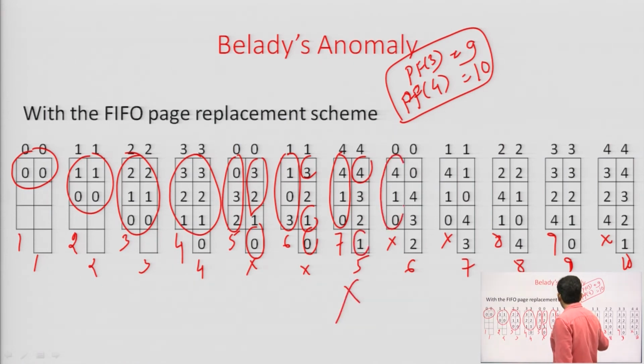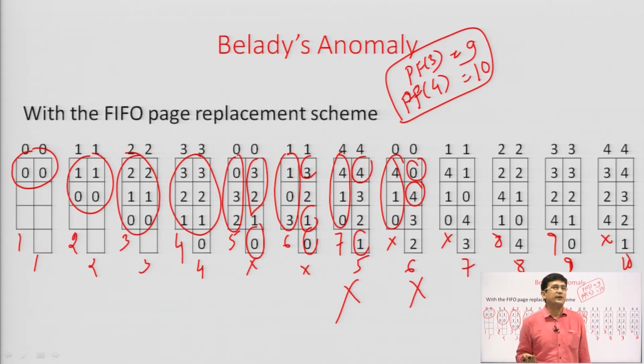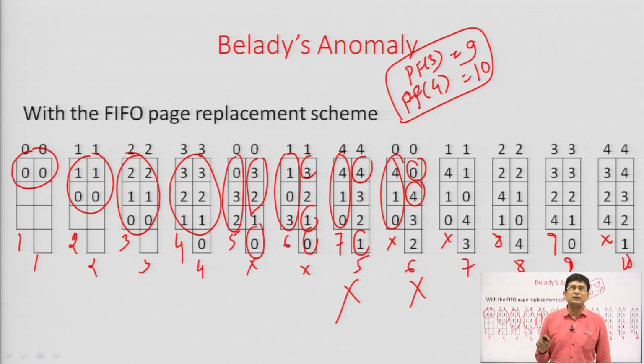Similarly 4, 1, 0 with 4 frames: 4 is present and 0 is present, but 1 is not present. So here you can see that there are some situations where the stack property is not satisfied. In case the stack property is not satisfied, it will fall under Belady's anomaly. So that's why in the FIFO algorithm, when we increase the number of frames, the number of page faults increases. So this is Belady's anomaly.